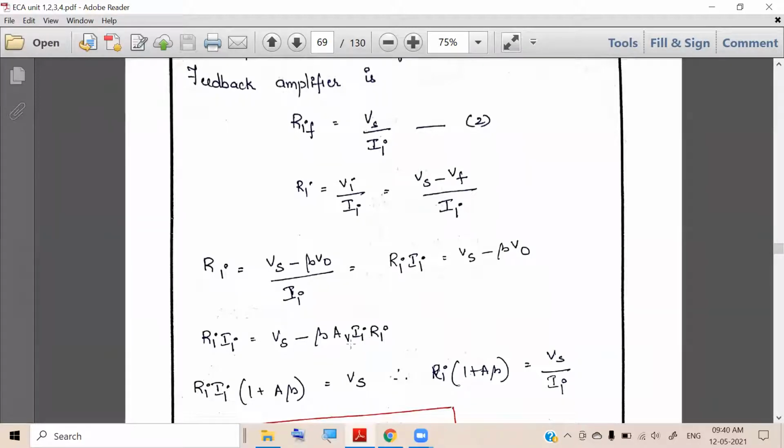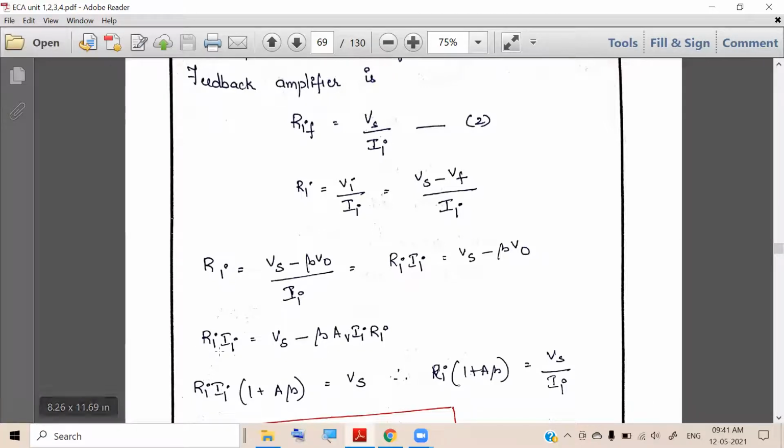Now, why are we doing this? Because I_i we can take common. So first, let us send this to the LHS. Then R_i I_i, if we take common, 1 plus A beta. When we send this here, it is minus, so it becomes plus.